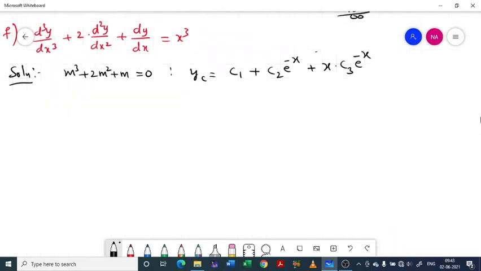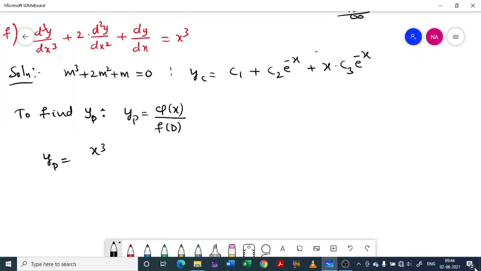Okay, now to find yp. Yp will be phi of x divided by f of d. So yp will be actually x cube divided by d plus 2d square plus d cube.